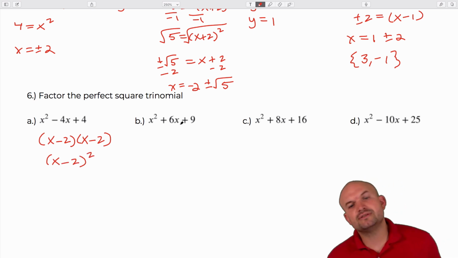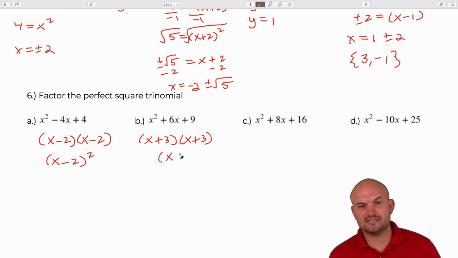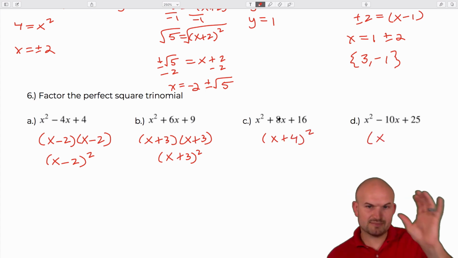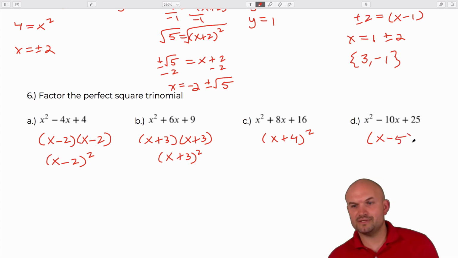All right, what same number multiplied is giving me 9 and adding to give me 6? That's going to be x plus 3 times x plus 3, which is x plus 3 squared. And then we can just hopefully continue this, recognize, and notice that when the middle term is positive, your binomial is positive. When the middle term is negative, your binomial is going to be negative.